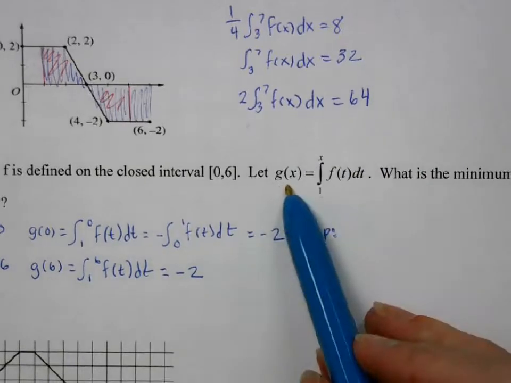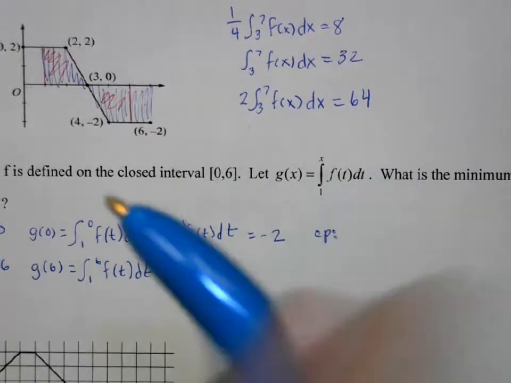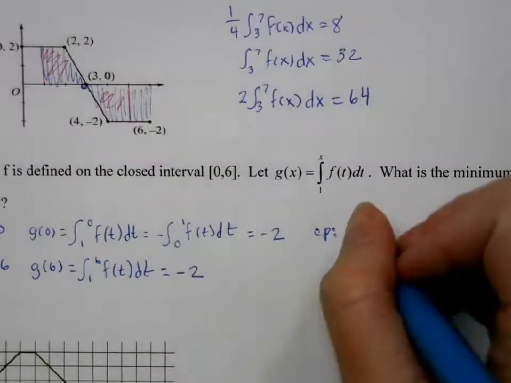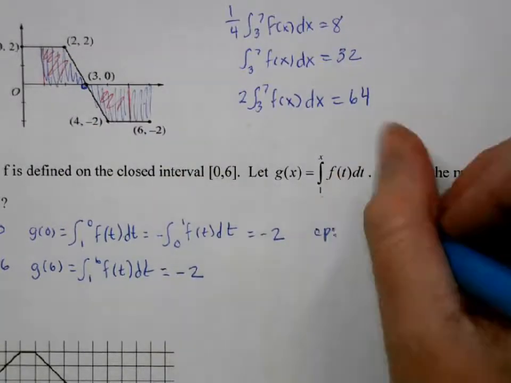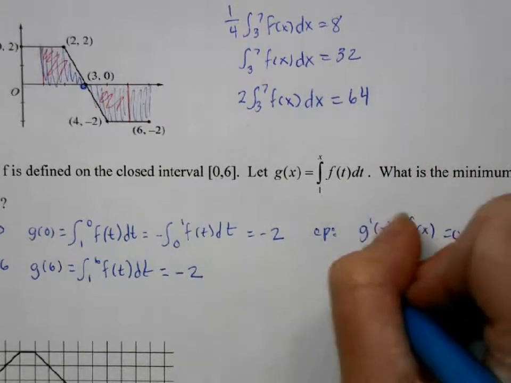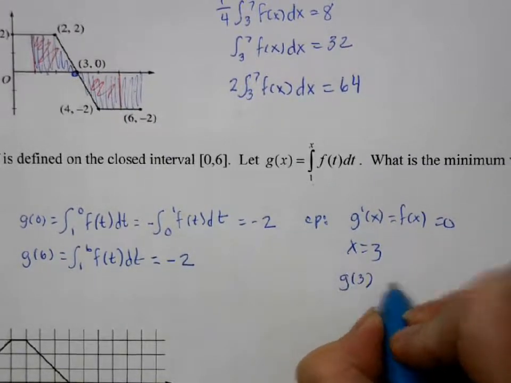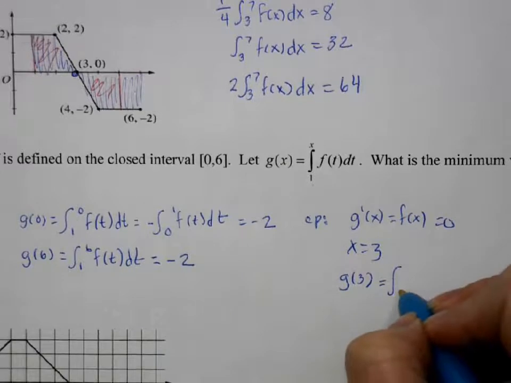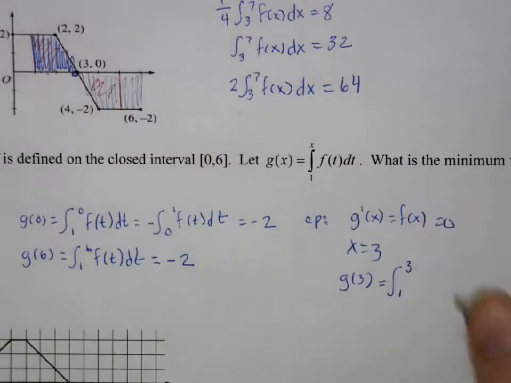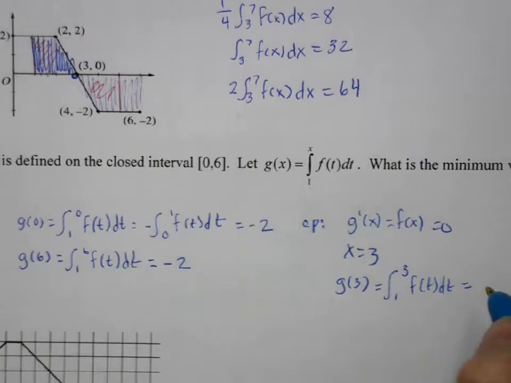The last thing we want to check is our critical point, which is when g prime of x is 0, which means when this derivative is 0. So the derivative of this is this, so the only critical point is when x equals 3. Okay, so when x equals 3, we want g of 3, which is going to be the integral from 1 to 3, which is going to be this area here, which will be a positive.